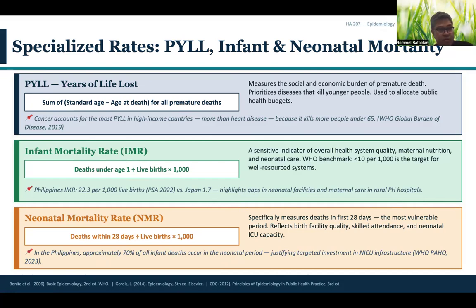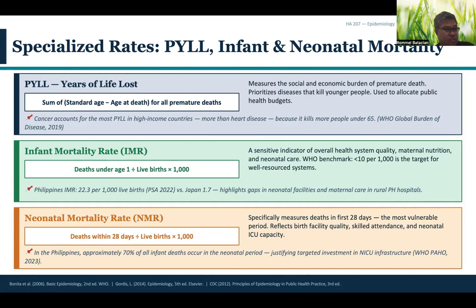The World Health Organization has a benchmark. The IMR should be less than 10 per 1,000 live births. In our setting, our current IMR is 22.3 per 1,000 live births, so double the standard that the World Health Organization gave.